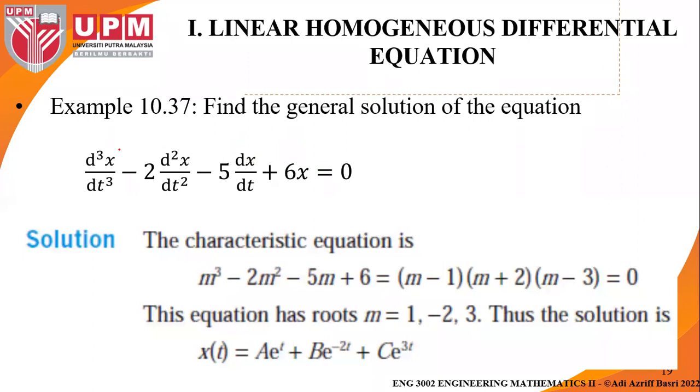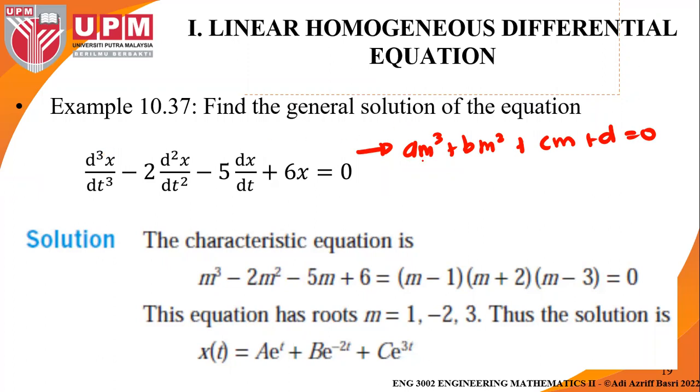Find the general solution. For example, here you have not a second order, it's more than second order. So how to solve this one? Automatically we go for the characteristic equation. It's power of 3, so you get a m^3 plus b m^2, then it keeps reducing, plus c m plus d equal to 0. You have an extra term here because you start with power of 3, the differentiation of 3 times.